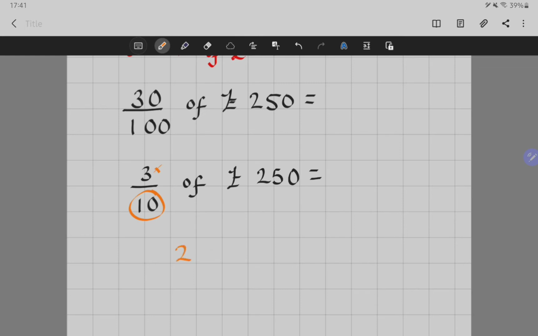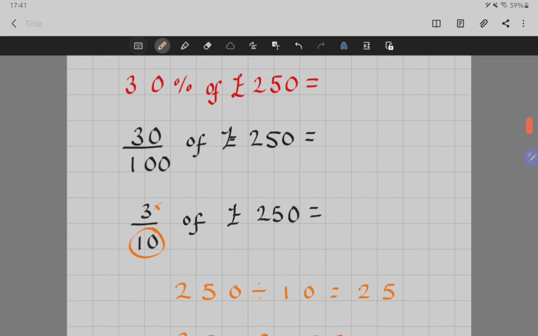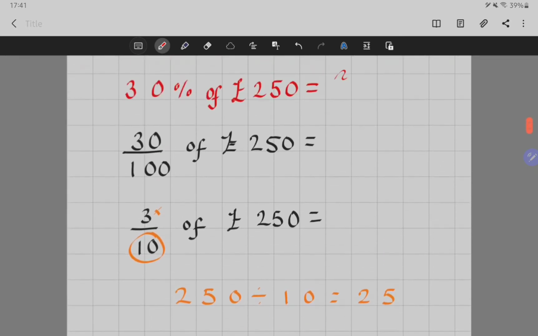So 250 divided by 10 equals 25, and then 25 times by 3, I can do that mentally as well because I know my 25s, it's a really good one to know, makes maths a lot easier, is 75. So if I go back to my original answer, that means 30% of £250, after all my working out, is £75.